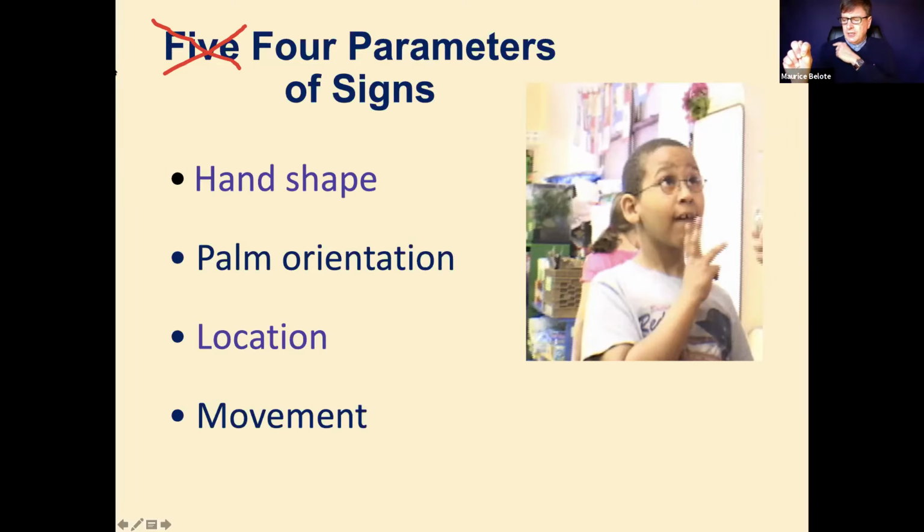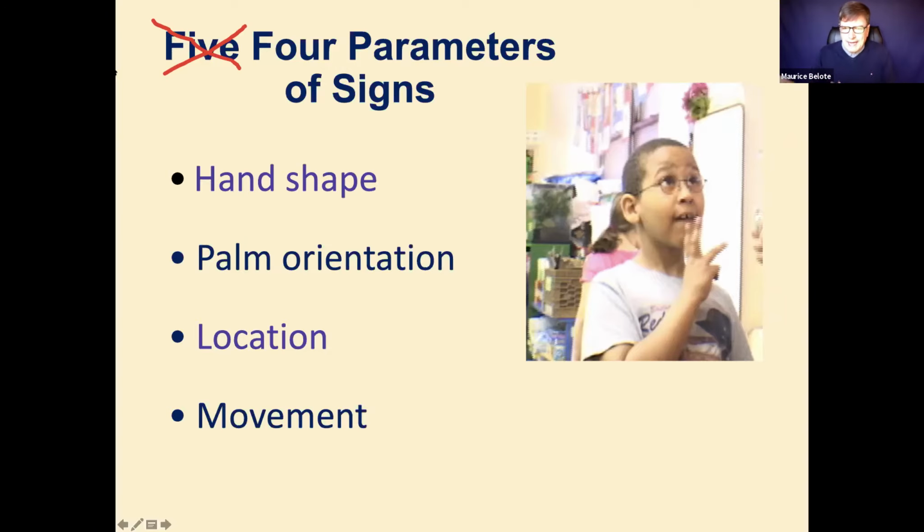The location is in front of the shoulder, and the movement is shaking back and forth. And every sign has these 4 parameters, regardless of what you're signing. There's a hand shape, there's a palm orientation, there's a general location, and there's a movement. Now, in American Sign Language, there is a 5th parameter, and that 5th parameter is the facial expression, the face.